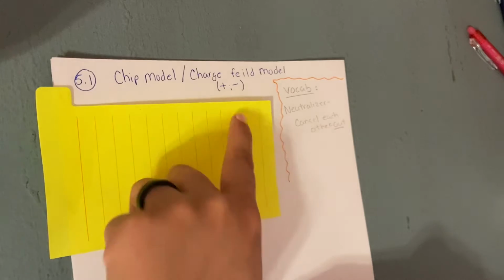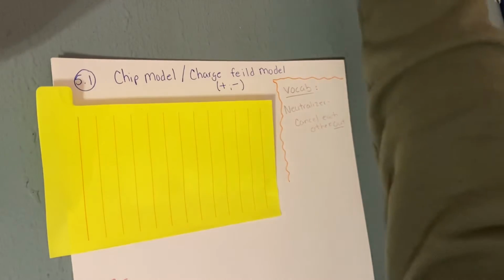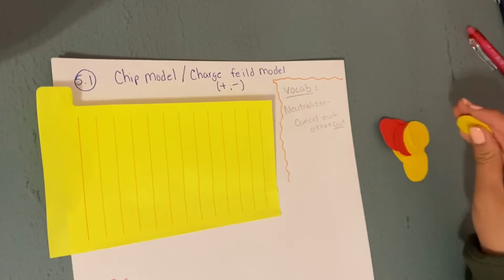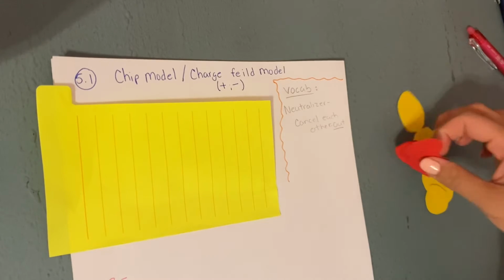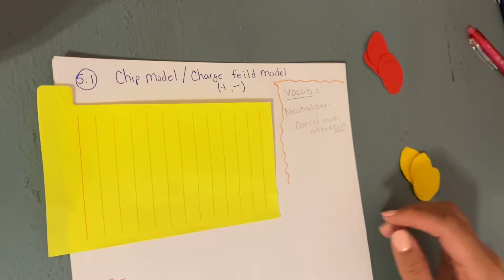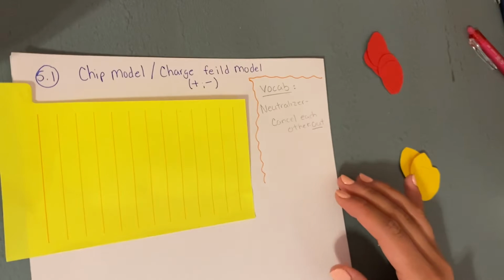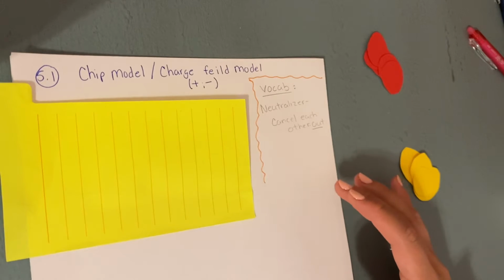for the charge and field part of the model, and then I'm going to bring in my chips that I have pre-cut for the chip model. Before we get started, I want to explain a little bit about the vocabulary involved in this part of the model.